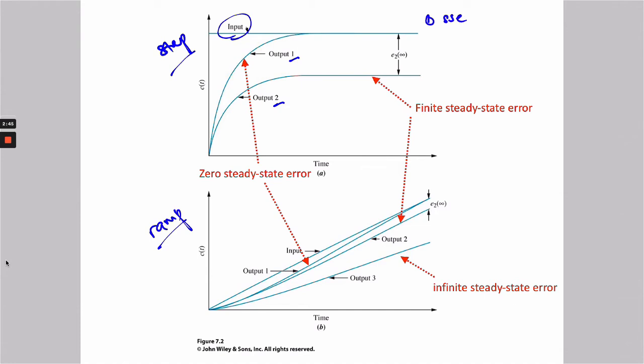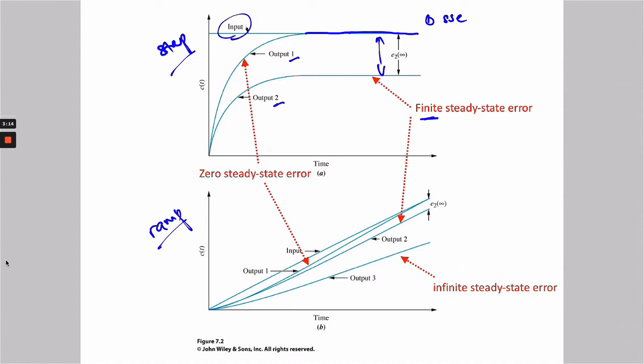Why? Because at steady state, the value of the response is the same as the input, which means there is no error at all. For output 2, you can see that there is a finite value. That means we can calculate the input minus the output and get some value for it. Finite means we can represent it in numbers.